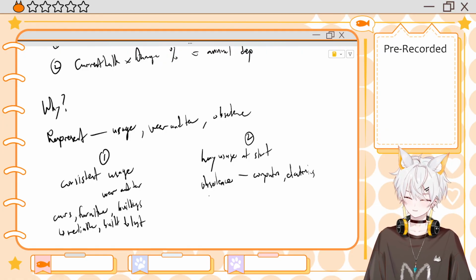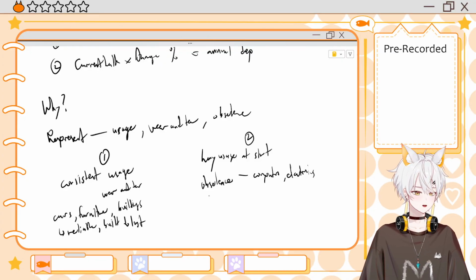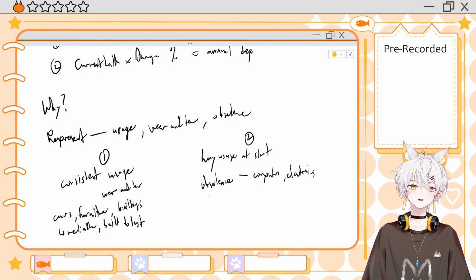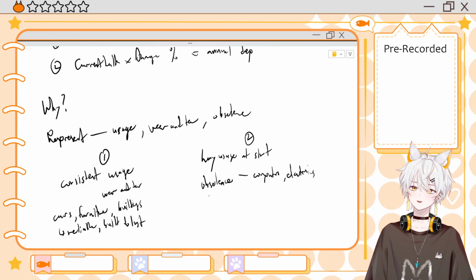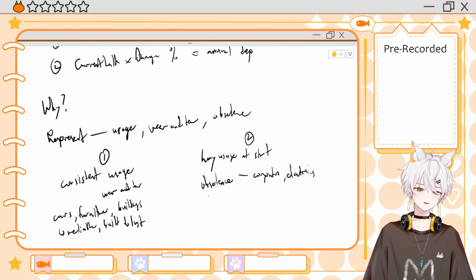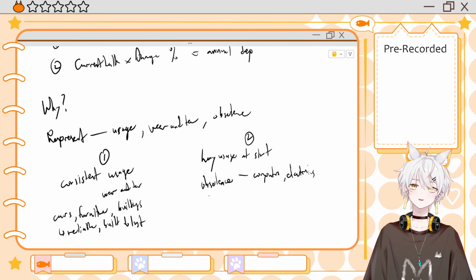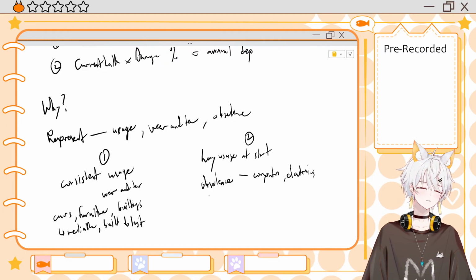So why do you use different methods? To sum it up, really, it is just to better reflect how things are in the real world, right? We don't want to put everything under straight line method just because we are lazy or something. No, because some things in real life just don't behave like a straight line.